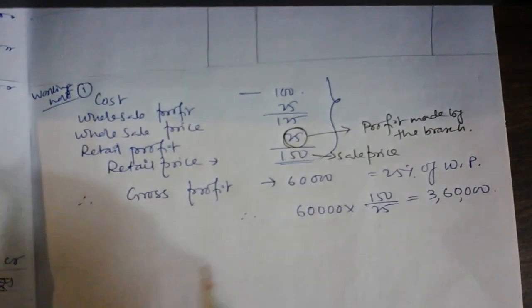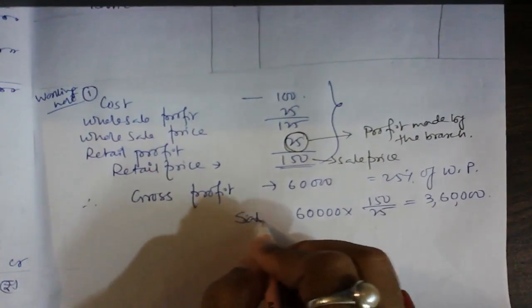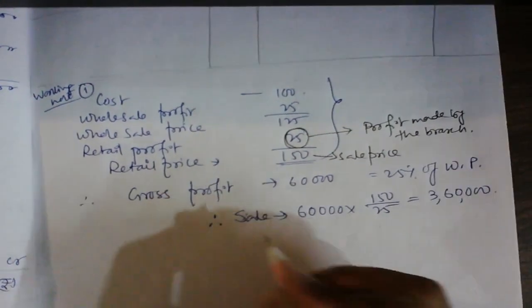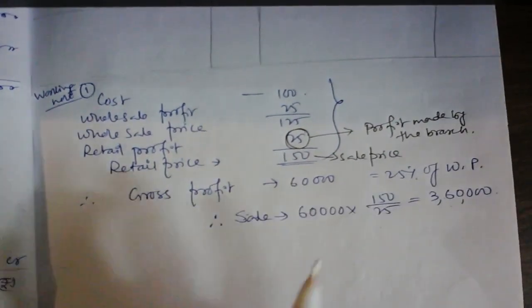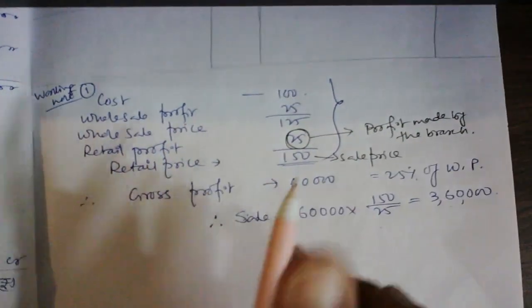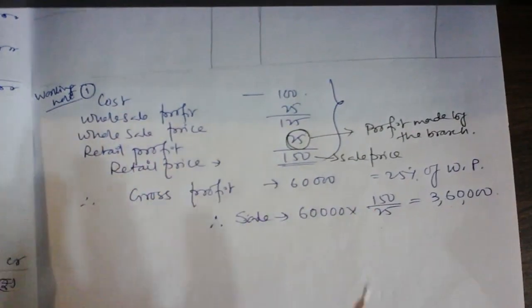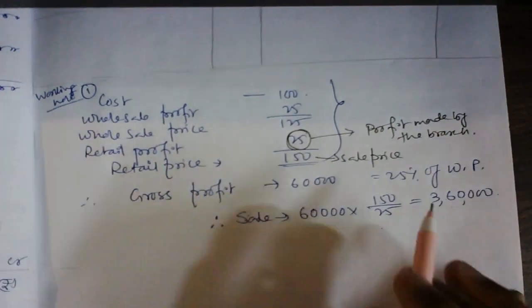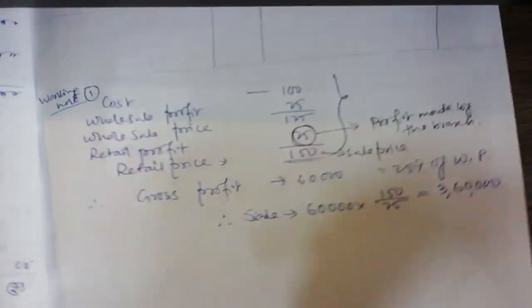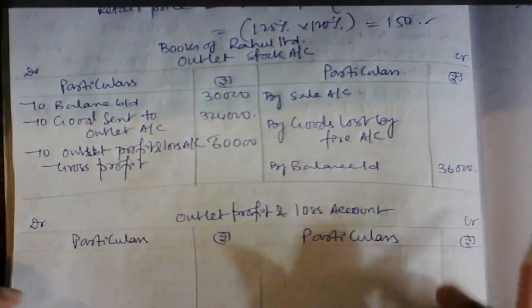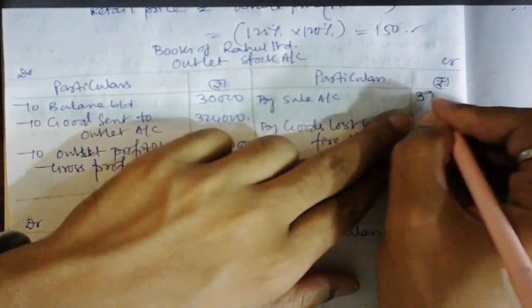So our sales has been calculated very easily. Sales is nothing but 3,60,000, because sale is 150, out of which 25 is profit, which is equivalent to 60,000. So 3,60,000 is the sales amount. Here I am going to plot it: by sales 3,60,000.